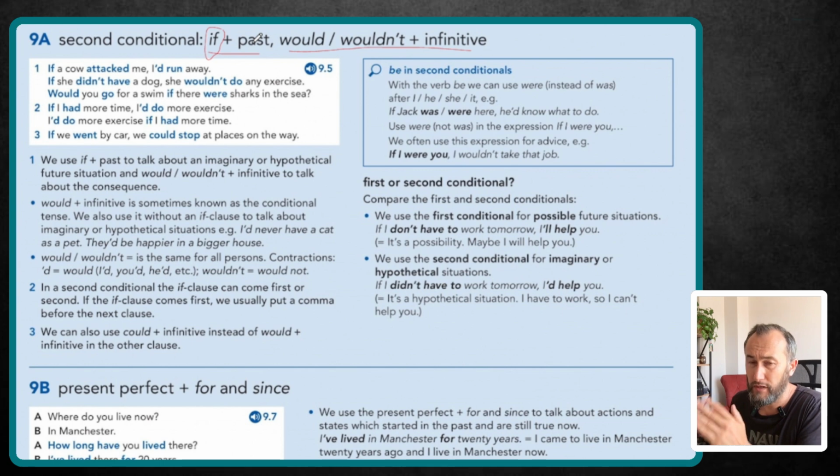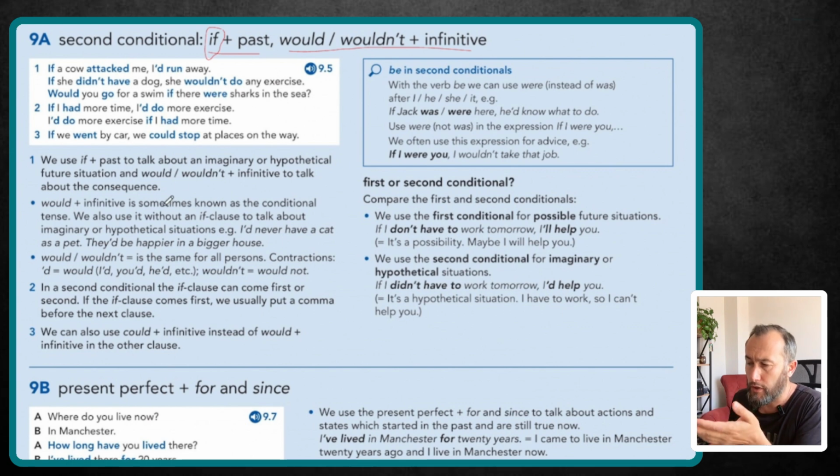No. Past perfect means you're moving to third conditional, which we're going to cover in later chapters. Right. So in the if part, I'm going to use past simple or past continuous. But in the result part, as you can see, I'm going to use would or wouldn't, and then infinitive. After would or wouldn't, we use infinitive. Okay? So that's three things that we should know about second conditional.